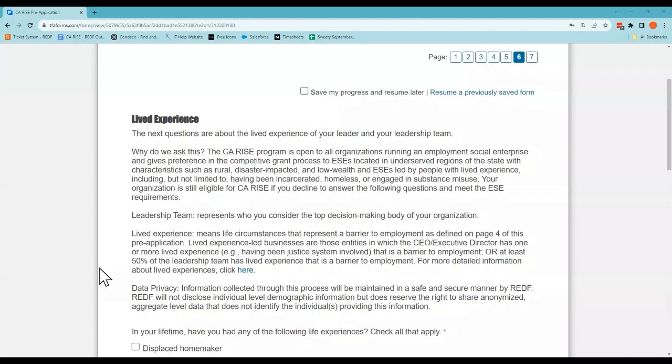Your organization is still eligible for the California RISE program if you decline to answer the following questions and meet the employment social enterprise requirements.